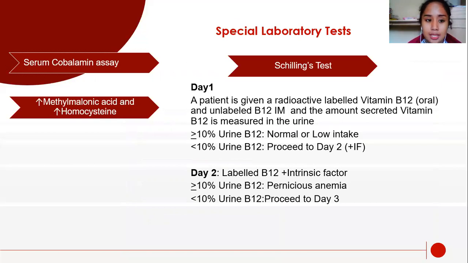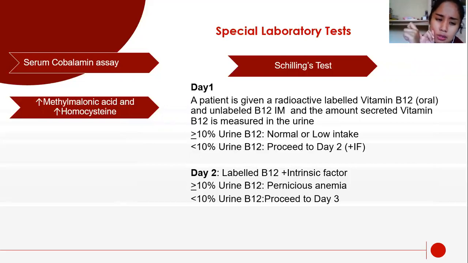We have special tests. Dito tayo, serum cobalamin assay. So itetest natin, increased ba or decreased? Next, methylmalonic acid and homocysteine test. This is a serum test. One of the functions of vitamin B12 is as a precursor for the creation of thymine. Aside from that, it decreases homocysteine. So pag walang vitamin B12, homocysteine is increasing, tumataas yung amount niya.